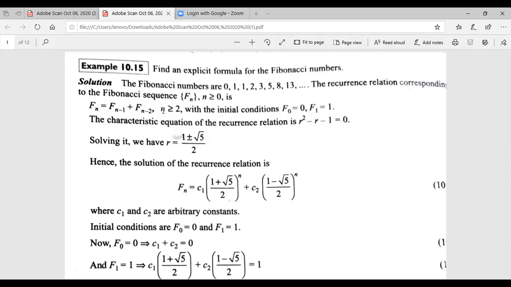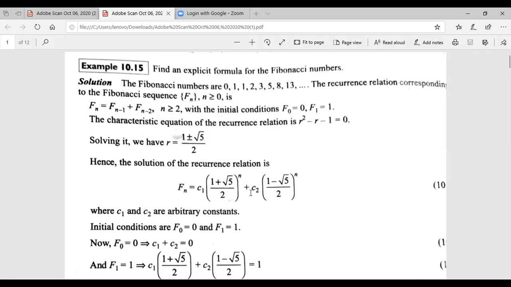If the roots are distinct, the solution is C1 R1 power n plus C2 R2 power n and so on. And if the roots are real and equal, then the solution is C1 plus C2 n plus C3 n square plus and so on plus Ck n power k-1 into R power n.